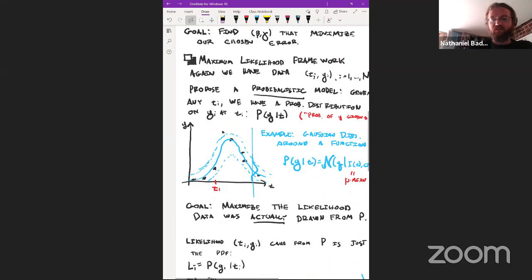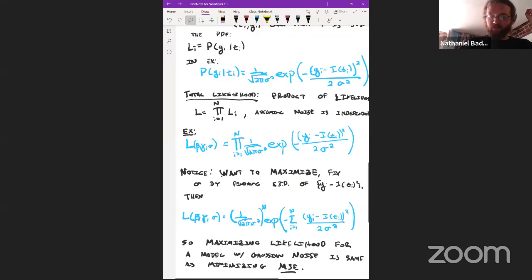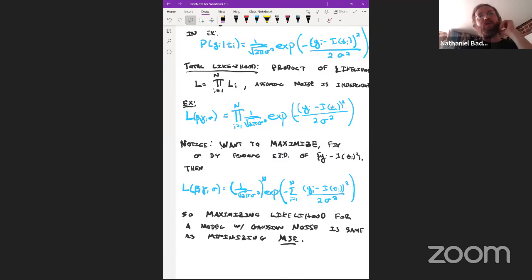We've got two frameworks, maximum likelihood and loss minimization. In essence, they're both doing the same thing. One is a probabilistic framework and one is a more functional framework. But at the end of the day, there's a strong equivalence between the two of them. Any questions?